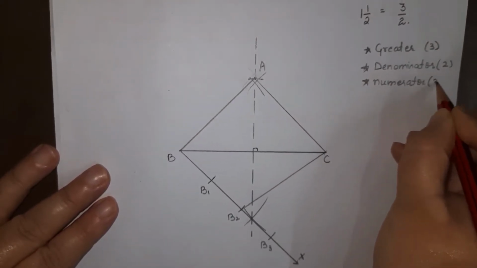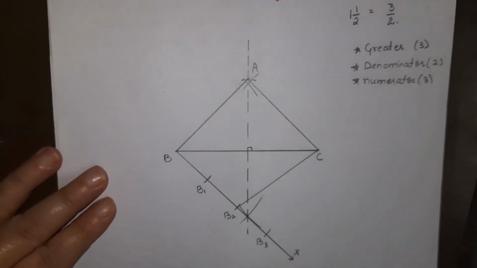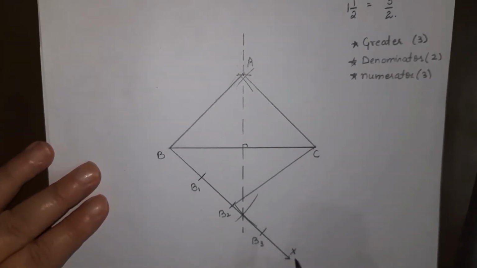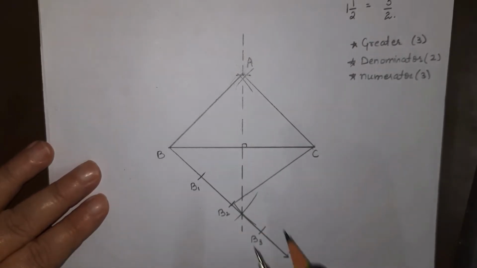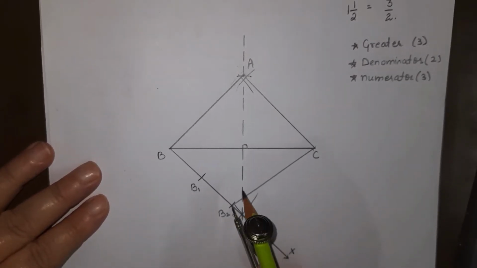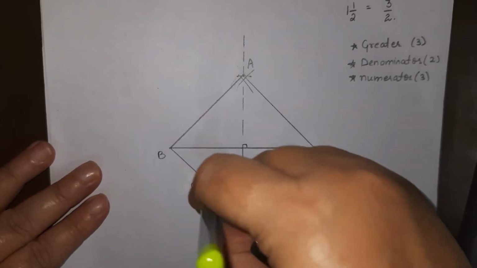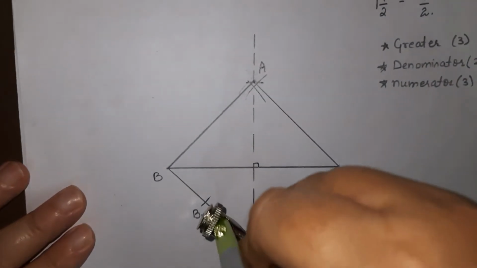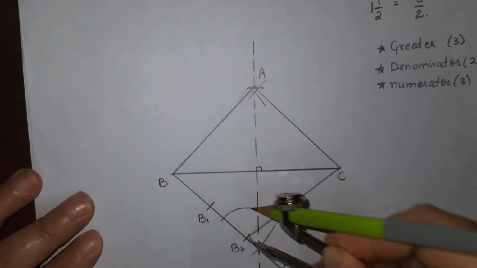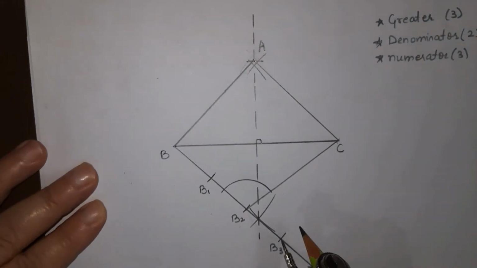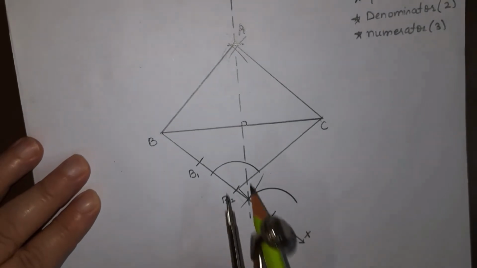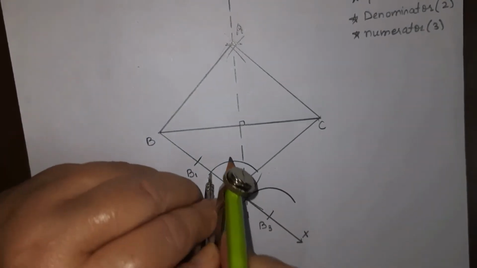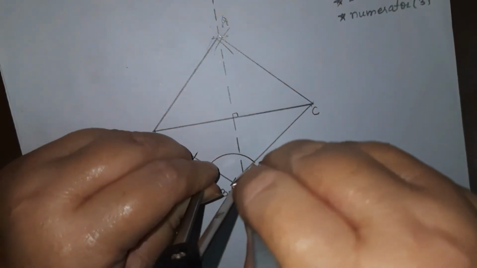Numerator is 3. So what we have to do, through third point, that is B3, we have to draw a line parallel to B2C. So we will make the corresponding angles equal. So this angle like this, and from here it is like this. We are making the corresponding angles equal. When the corresponding angles are equal, lines are parallel.